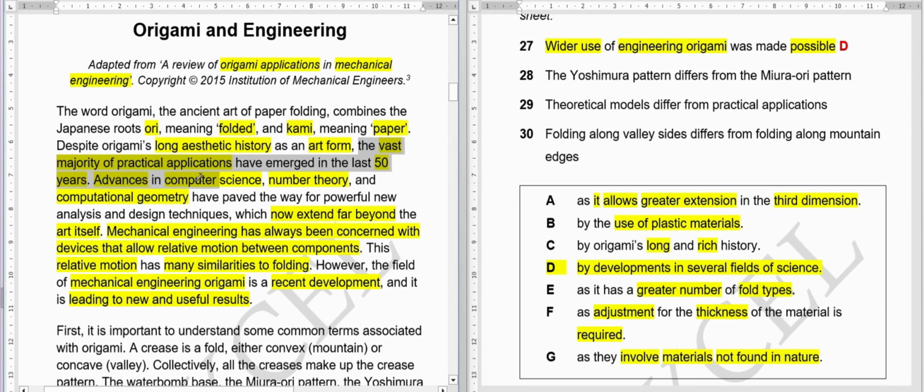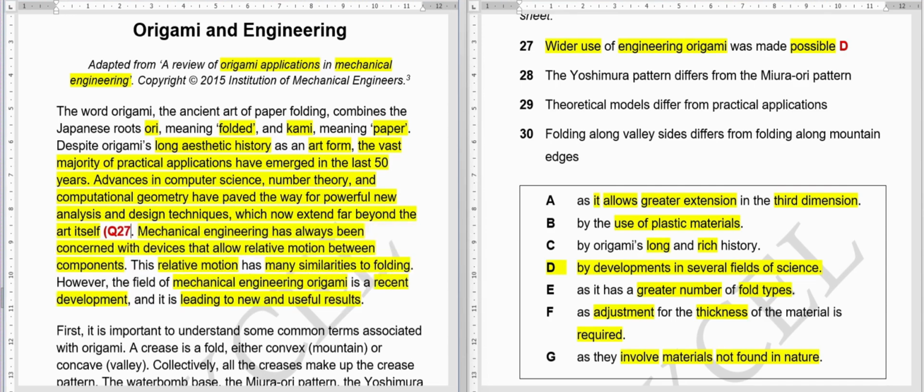Advances in science, computer science, number theory, and computational geometry have paved the way for powerful new analysis and design techniques, which now extend far beyond the art itself. So because of these developments, it is not only used in art, it is used far beyond the purpose of art. I hope it is clear.